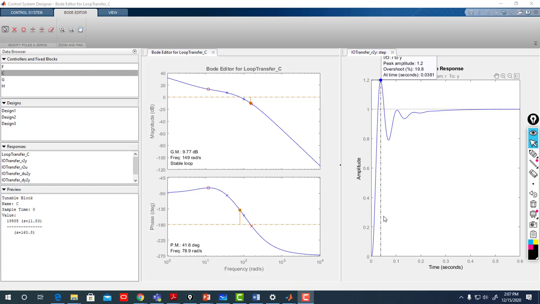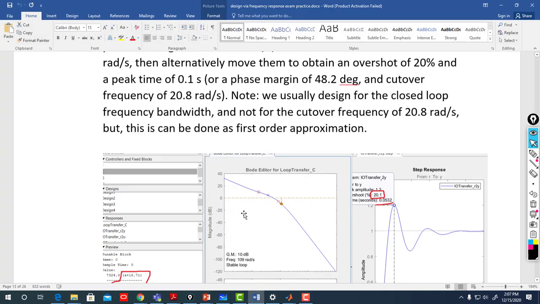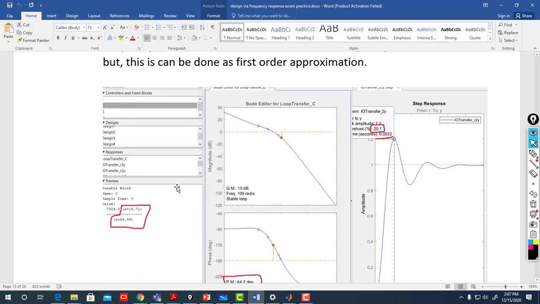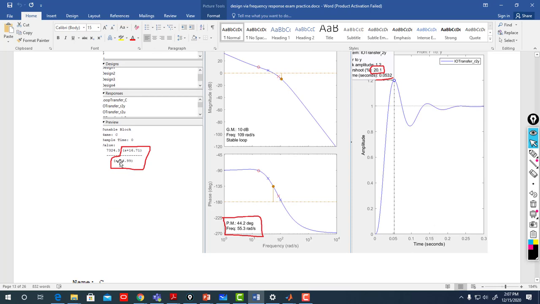So alternatively, you can do it using calculation. So I'll show you the method now. But before, let's see the value I obtained, like the gain and the lead compensator. So here it is, and also in your book, in your Word document, you have somehow different one, but also it satisfies your requirement.